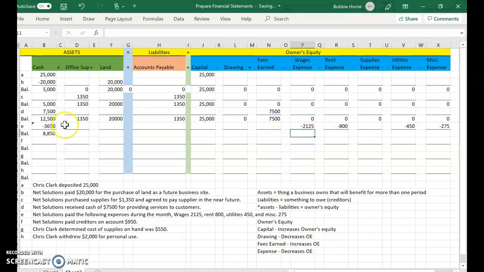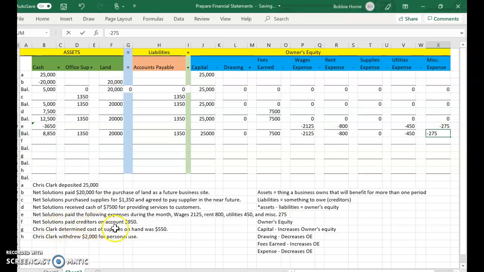So now we're going to bring all these numbers down and bring our new balances down. Okay, so now we have all the new balances. I brought all of these balances down, and now the expenses have a balance in them of the amount shown here. So now let's look at transaction F.